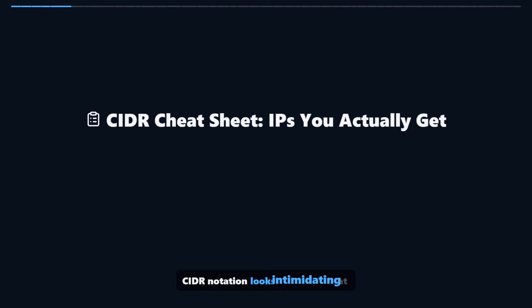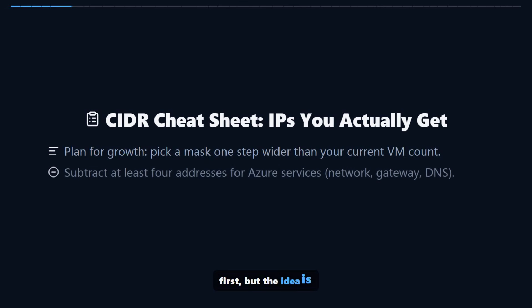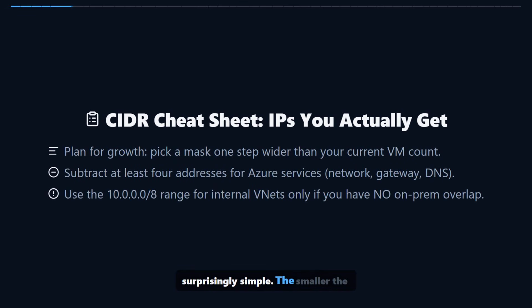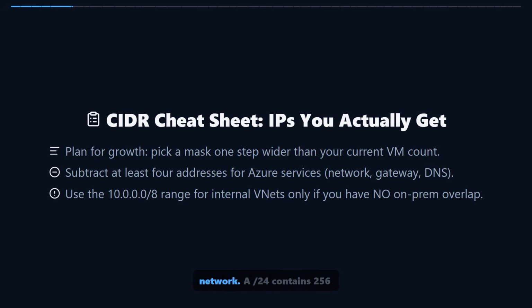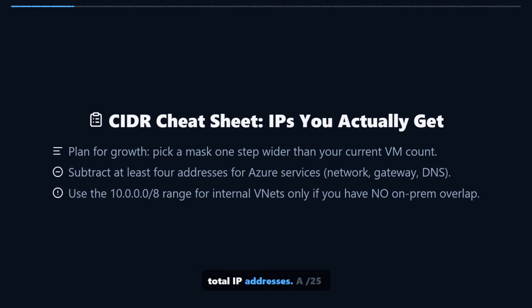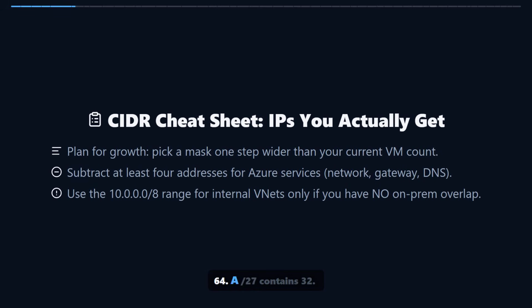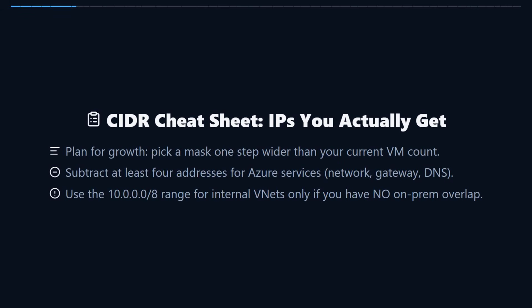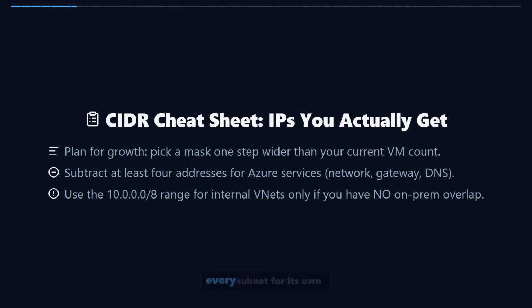CIDR notation looks intimidating at first, but the idea is surprisingly simple. The smaller the slash number, the larger the network. A /24 contains 256 total IP addresses. A /25 contains 128. A /26 contains 64. A /27 contains 32. Azure reserves 5 addresses in every subnet for its own platform services.